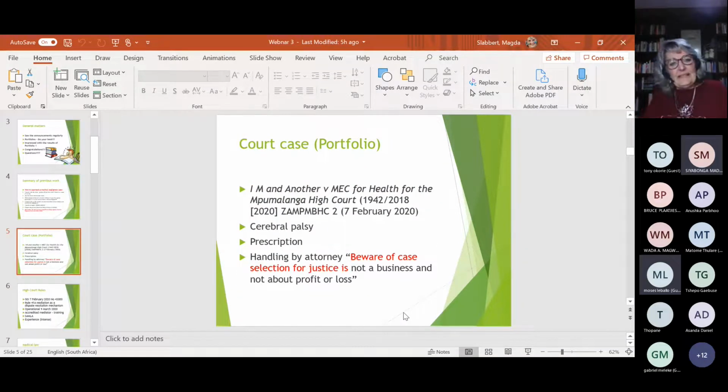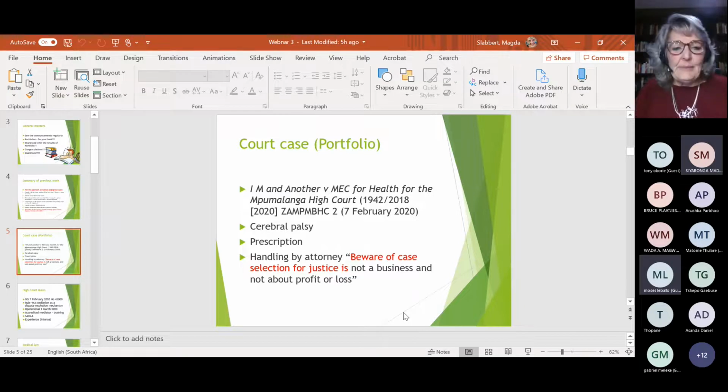Okay, then the case IM and another versus MEC for Health in the Mpumalanga court, that was a case of cerebral palsy, and it was about case selection, and it also addressed prescription. So I wanted you to do that case, as one of you said, it reminded you about prescription.